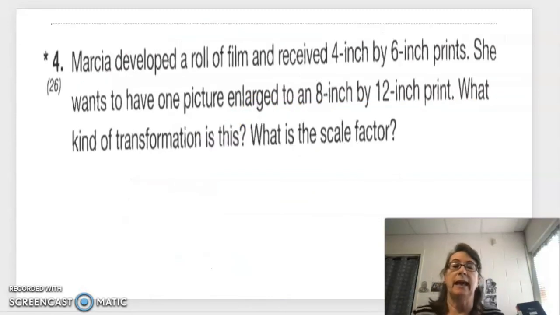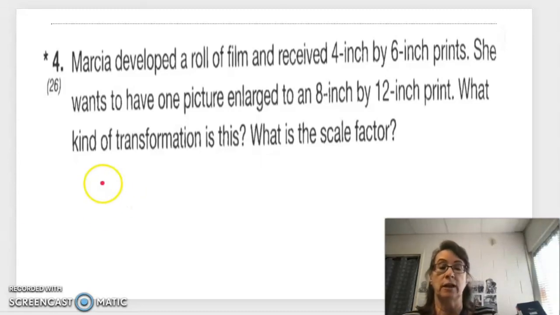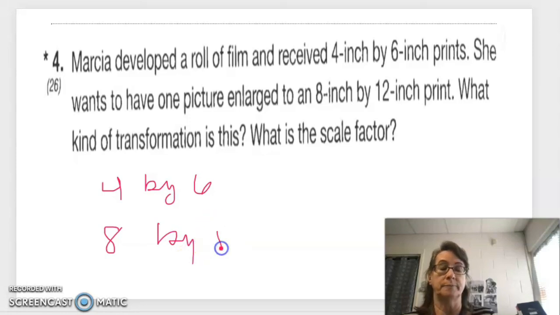Okay, so what percentage is 99.03? And Marcia developed a roll of film and received 4-inch by 6-inch prints. She wants to have one picture enlarged to an 8-inch by 12-inch print. What kind of transformation is this and what is the scale factor? Okay, so she's going from 4 by 6 to an 8 by 12.